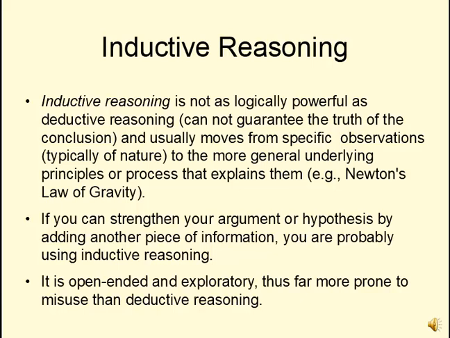Inductive reasoning cannot guarantee the truth of the conclusion the way that deductive reasoning does. So that's the basic key distinction. Deductive, if done right, gives you a 100% guaranteed true conclusion. Inductive reasoning, no matter how well you do it, is not as logically powerful.